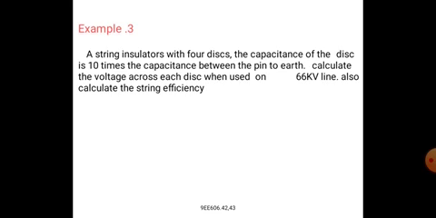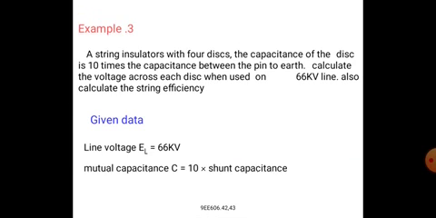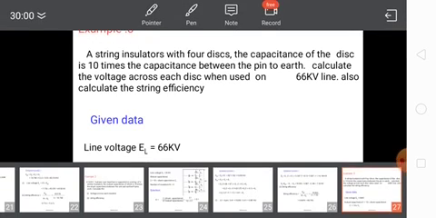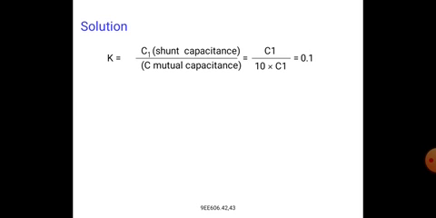So the line voltage EL is equal to 66 kV. The mutual capacitance is equal to 10 into the shunt capacitance, so we have to find the value of K directly. C is equal to 10 into C1. K is nothing but C1 by C, shunt capacitance by mutual capacitance.